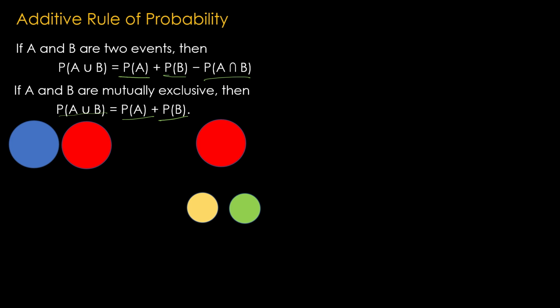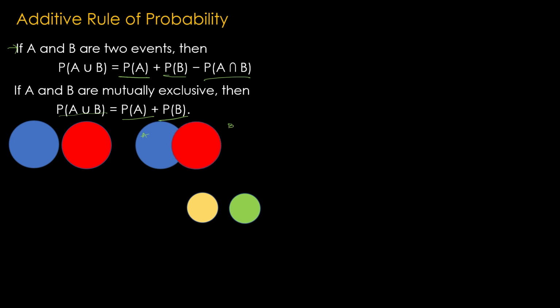Okay, so it goes like this. For our first statement right here, if this is our probability A and this is our probability B, if we are to combine them, it looks like this. Okay?